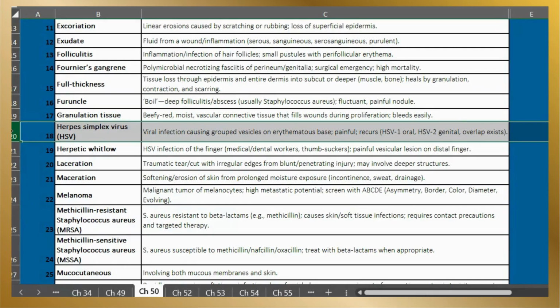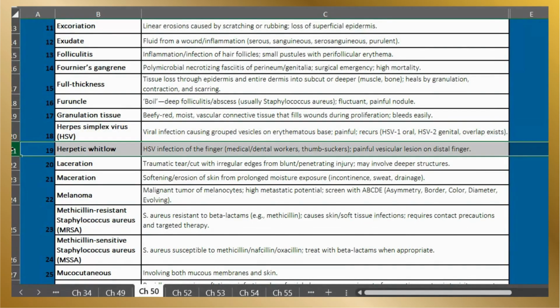So it's like hurtful small vesicles. Here we have herpetic whitlow. It's the same herpes infection of the finger, seen in medical and dental workers and thumb suckers. A painful vesicular lesion on the distal finger. So with whitlow, it's the white fingertip vesicle.